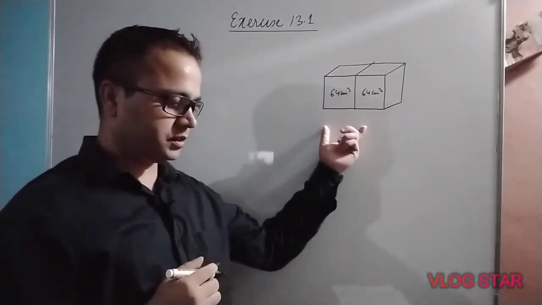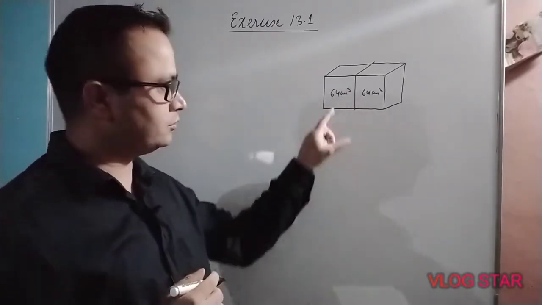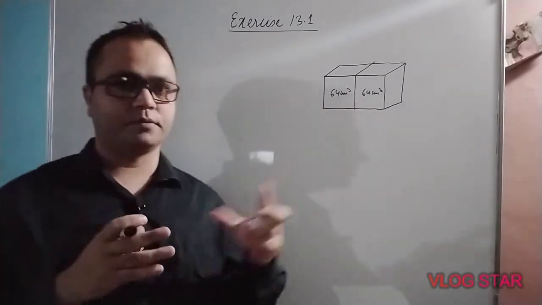Find the surface area of the resulting cuboid. If you join these two cubes, you will get the cuboid.